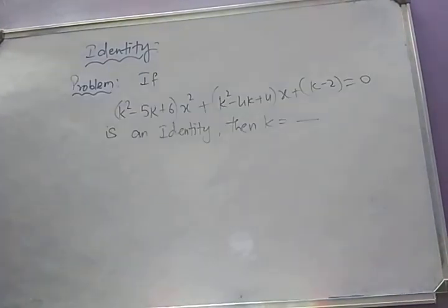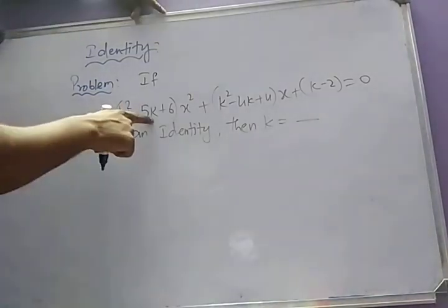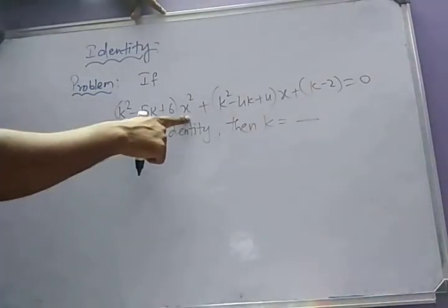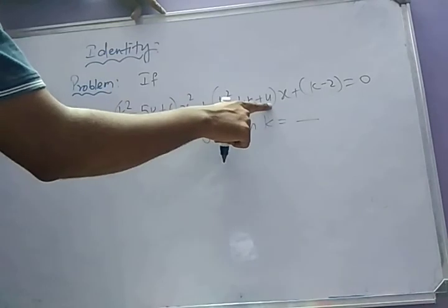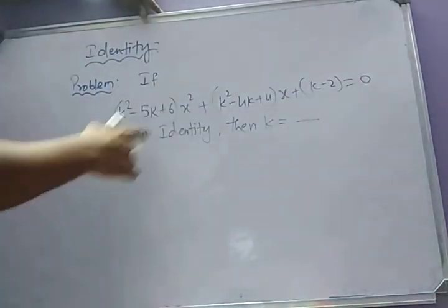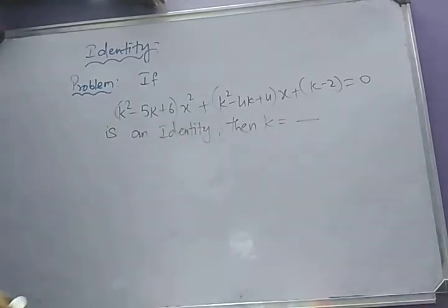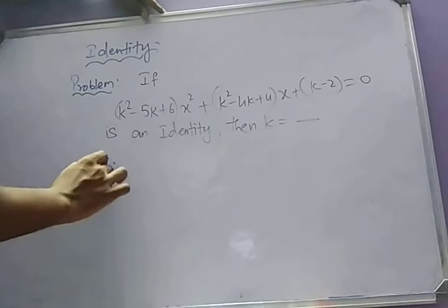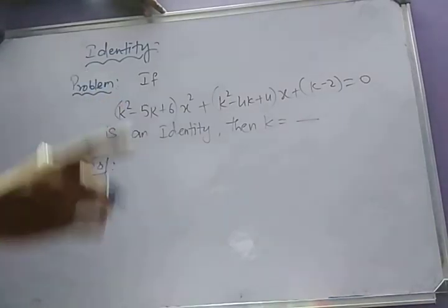Here is a question. If (k square minus 5k plus 6) into x square plus (k square minus 4k plus 4) into x plus (k minus 2) is equal to 0, if it is an identity, then what is the value of k? Dear students, we already have learned that if it is an identity, all the coefficients must be equal to 0.